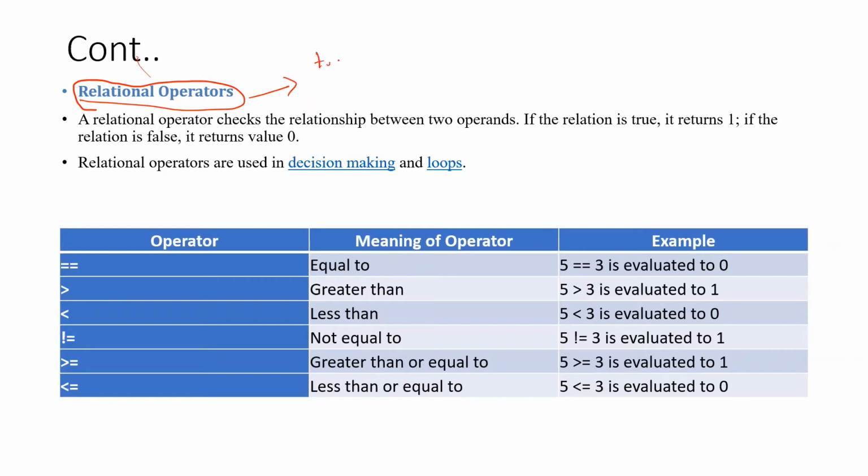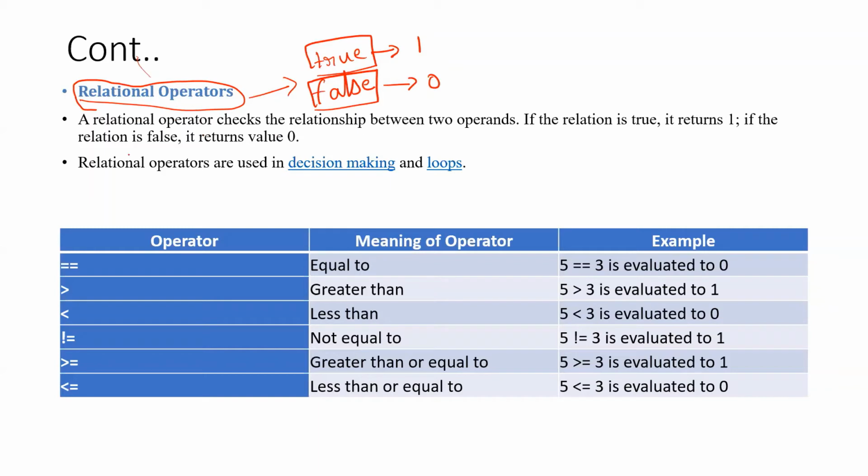One is called true, another one is called false. In C programming, we don't have true and false, which we call Boolean values. That's why in place of true, we are using 1, and in place of false, we are using 0. So it is going to return either 0 or 1.